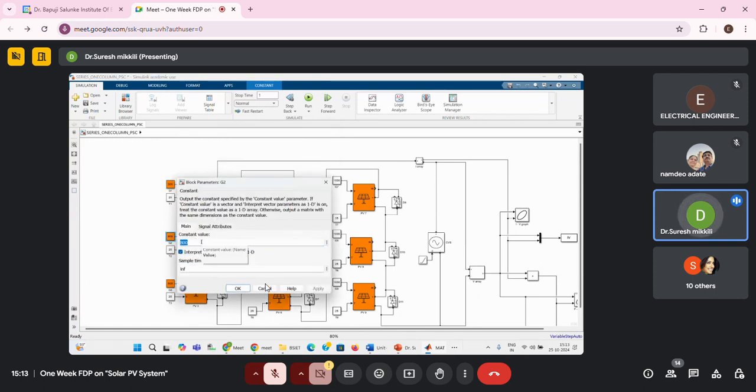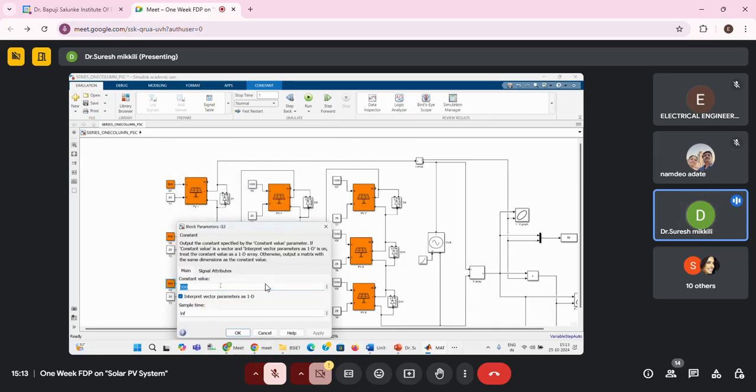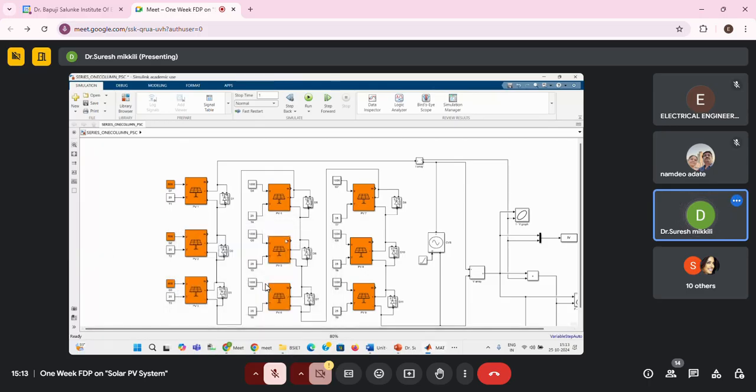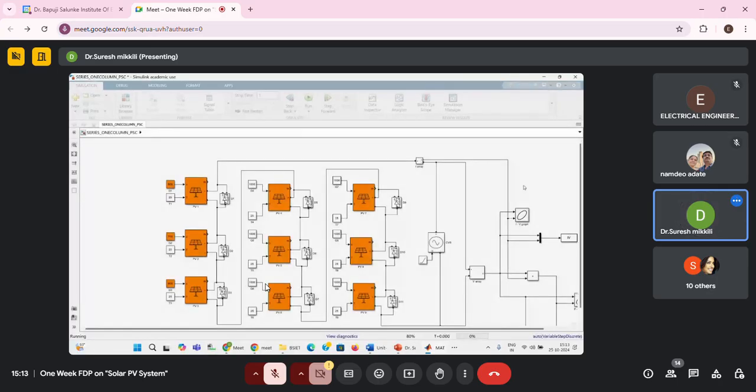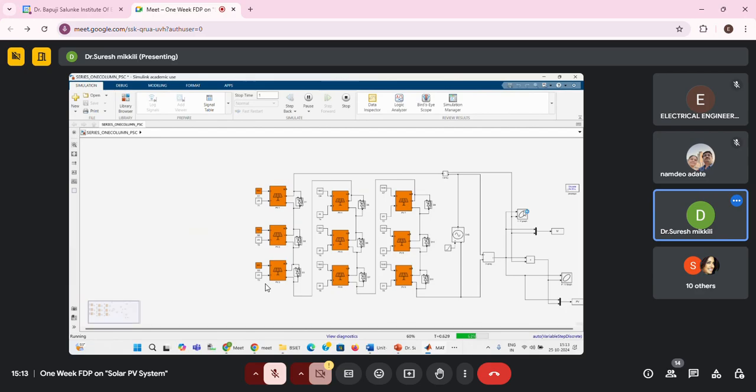First column is shaded with 500, maybe 700, maybe 900 I'm entering. So when column is shaded, only first column, remaining values are as it is. Now I will try to see how during column shading condition, how the values will change, we will see.